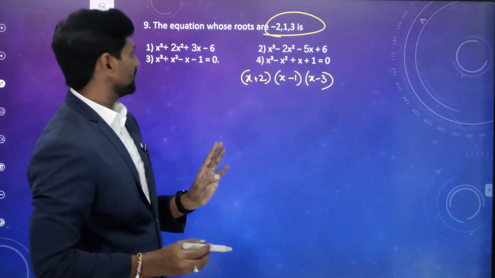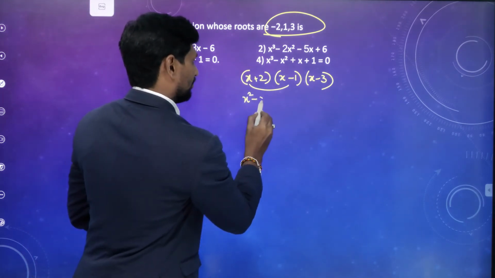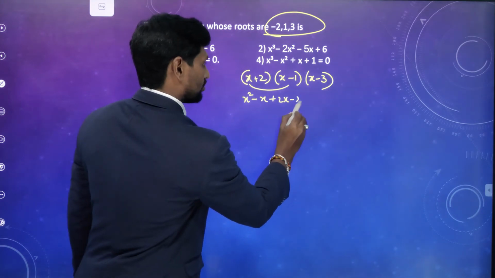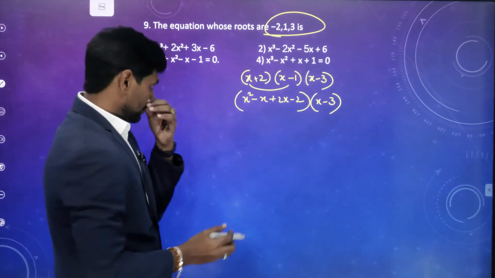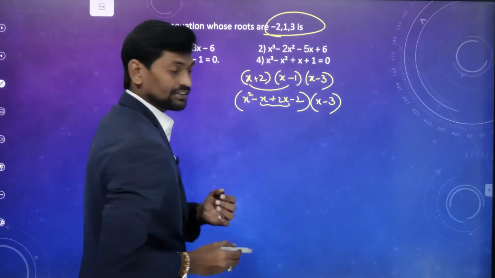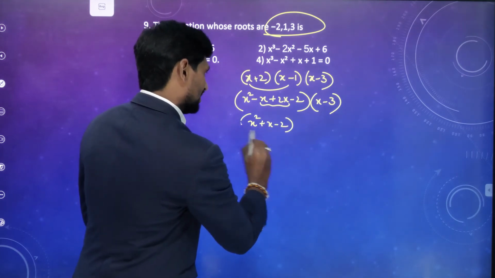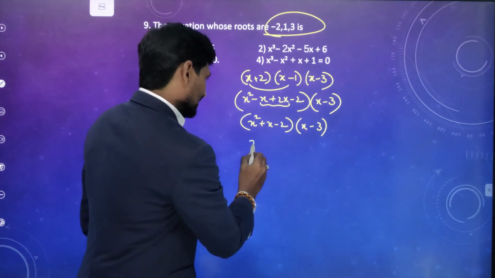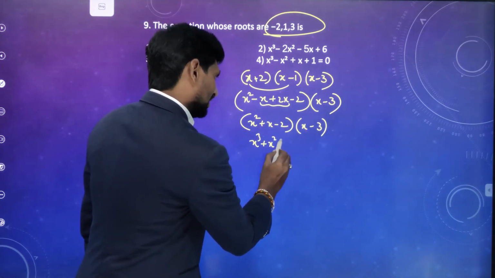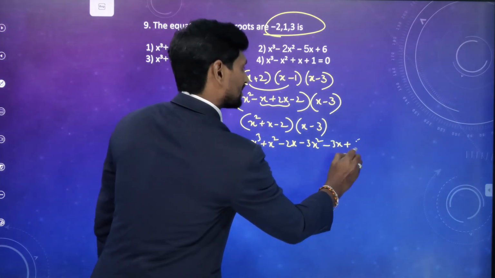I am multiplying the first 2 here. x into x, x square minus x plus 2x minus 2, into x minus 3. Minus x plus 2x means plus x. So x square plus x minus 2 remains. Now multiply with x minus 3. So x cube plus x square minus 2x minus 3x square minus 3x plus 6.